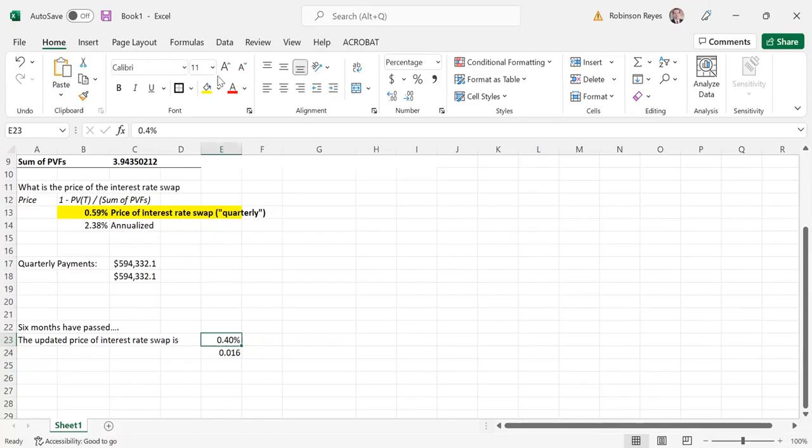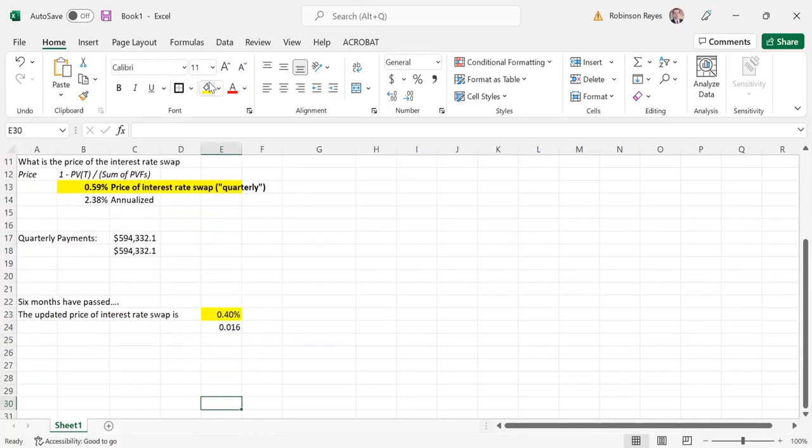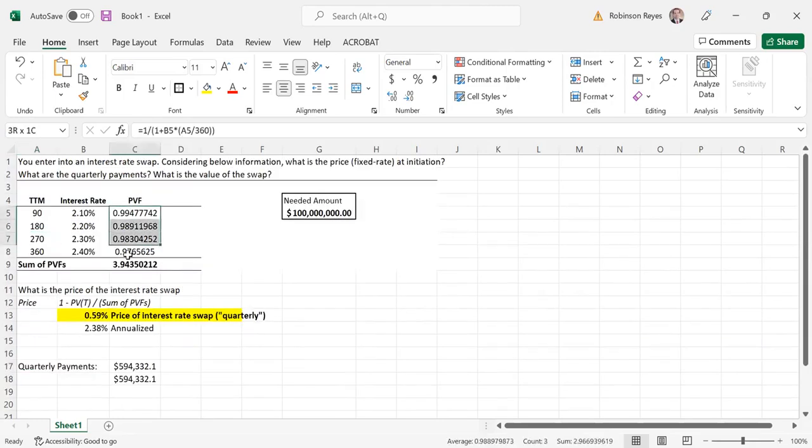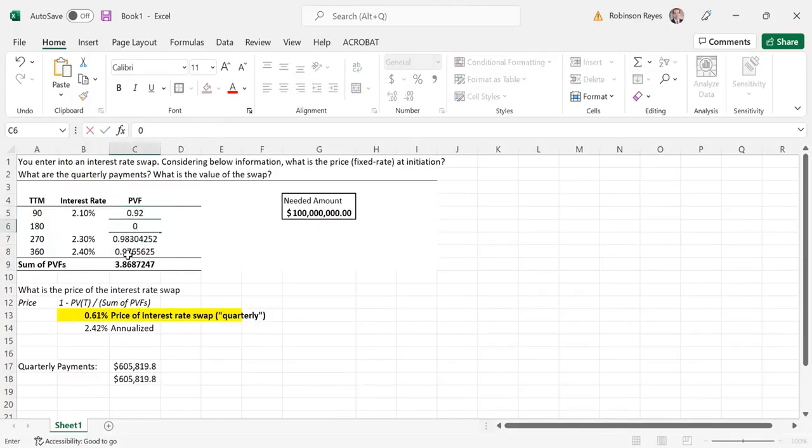But let's use this number, which is a little bit more straightforward. Now, what happens here? If the updated price of interest rate swap is now 0.4, that means that this is the fixed rate that, when you do this calculation, the present value factors have all changed. You update them, like, oh, now it's 0.92, 0.91, 0.9, right? And you update these present value factors and you will get an updated price right here.